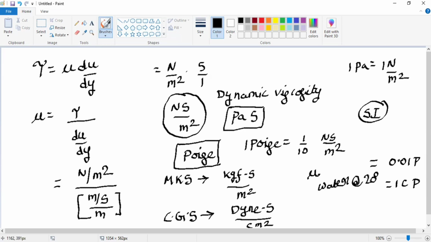Water has a dynamic viscosity of 0.01 poise or 1 centipoise. Okay. This is the complete information about the dynamic viscosity.